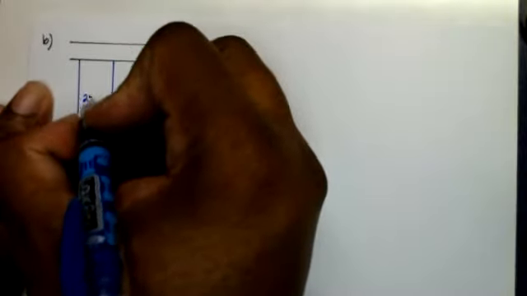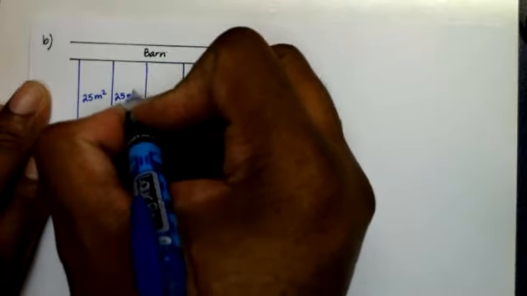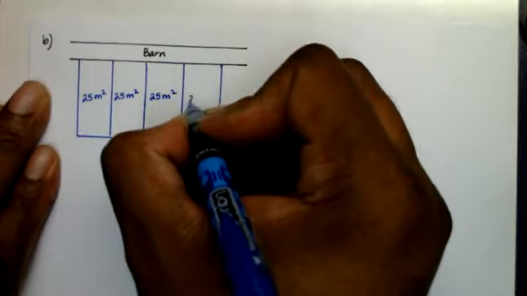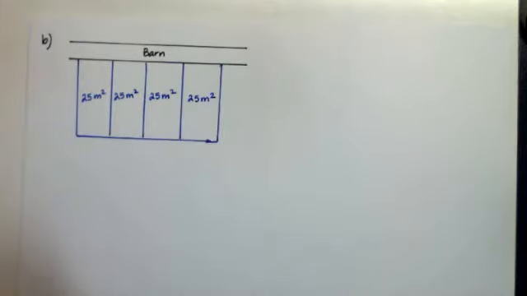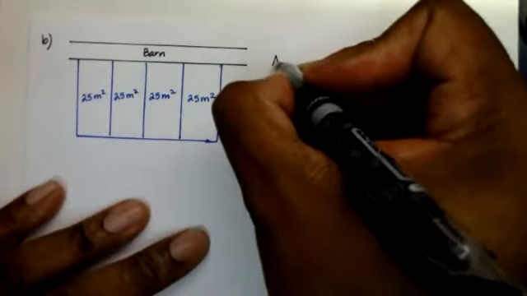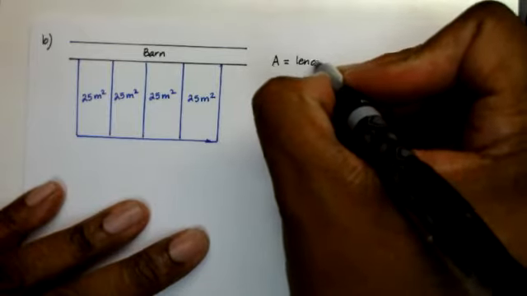So each of these has an area of 25 square meters. Okay. Now, the formula for finding the area of any rectangle is this: area, and I just say A, is equal to length times width.